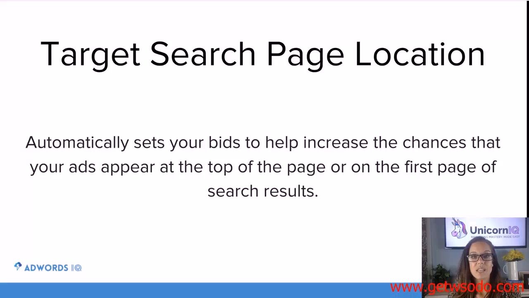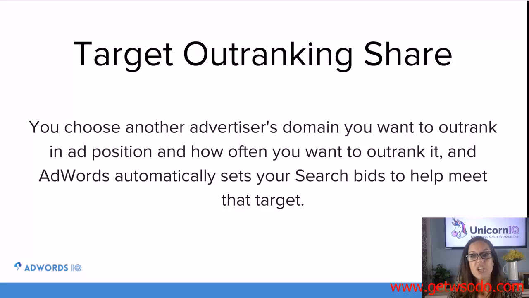All right, next one is target outranking share. Now imagine that McDonald's wanted to declare an AdWords war with Burger King. If they wanted to declare this war with them in AdWords, then McDonald's would want to implement this strategy. Basically, it allows advertisers to pick the competitor that they want to outrank, and tell AdWords how many times they want to outrank them.